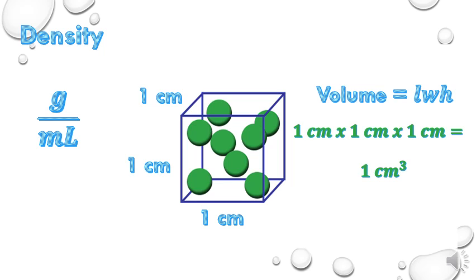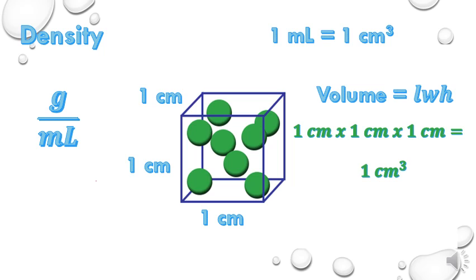Oh, but the units don't match. I have a centimeter cubed, and I'm supposed to have milliliters. Well, good news. The easiest conversion ever is right there. 1 milliliter is equal to 1 centimeter cubed. See? 1 milliliter, 1 centimeter cubed. It is the easiest conversion ever.